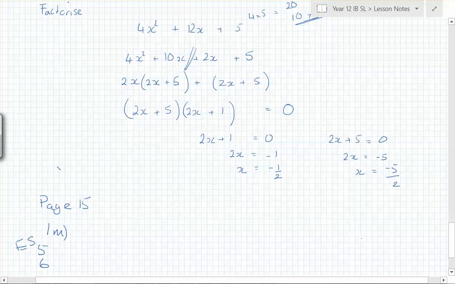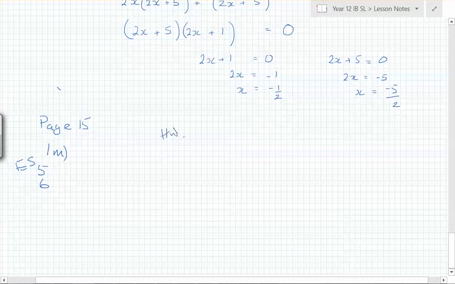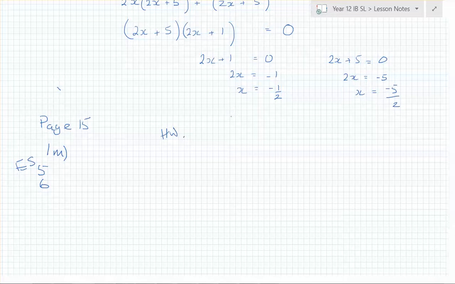Now, just before you get on with that, let me tell you your homework. Your prep work is on Show My Homework. There is a set of IGCSE past paper function notation questions. You've got to print it out.